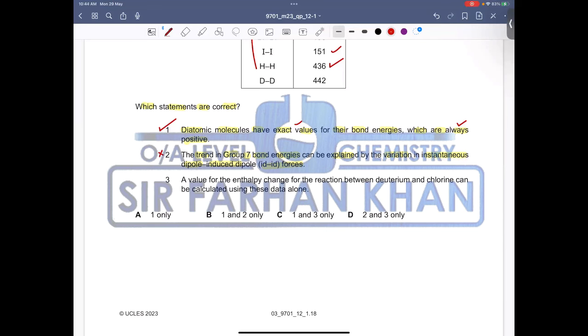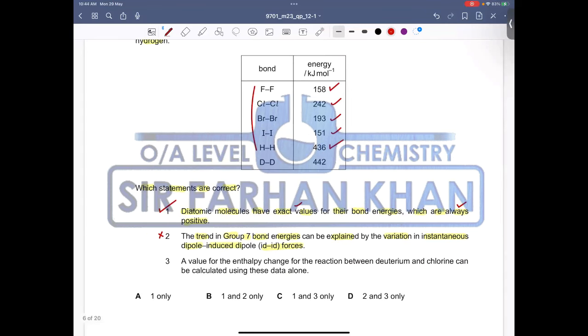Why am I saying this? Let me show you. During the theory classes, I told you a trend. When we move from fluorine to iodine, the number of electrons increases. If the number of electrons increases, obviously instantaneous dipole induced dipole forces also increase.